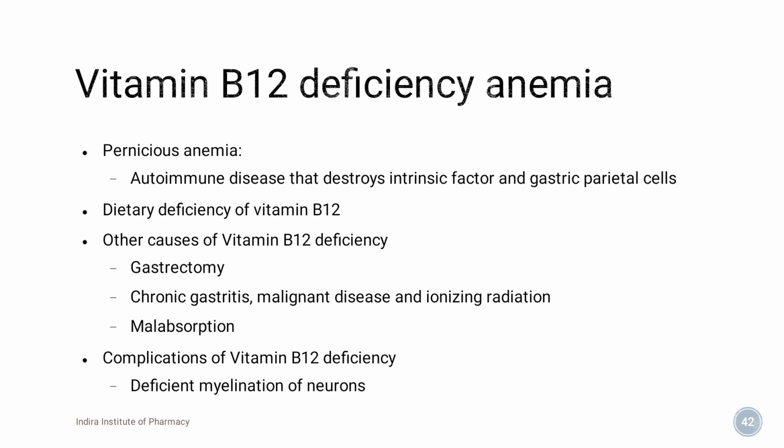Next we have vitamin B12 deficiency anemia, which is also called pernicious anemia. It is an autoimmune disease that destroys the intrinsic factor and gastric parietal cells. We will be studying about these factors in detail in our next class. So dietary supplements of vitamin B12.